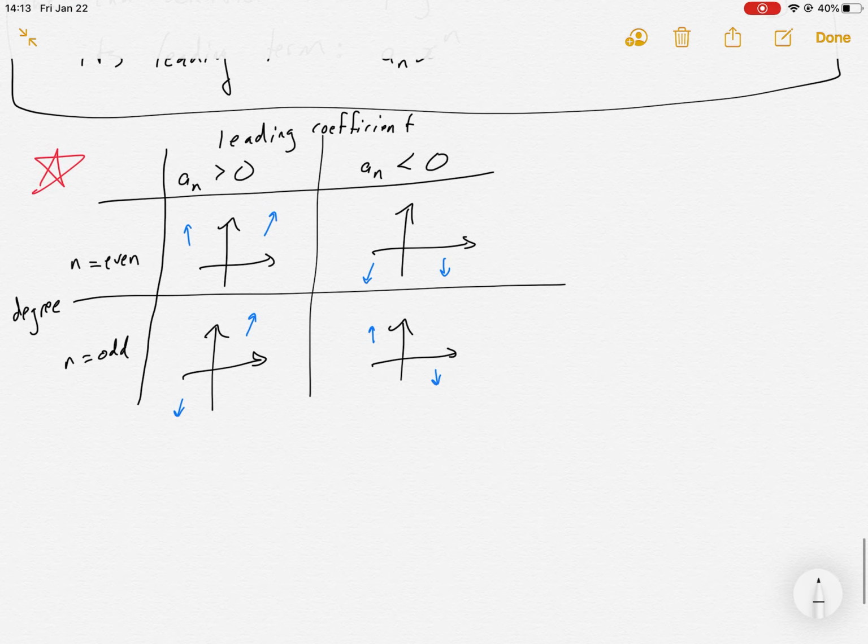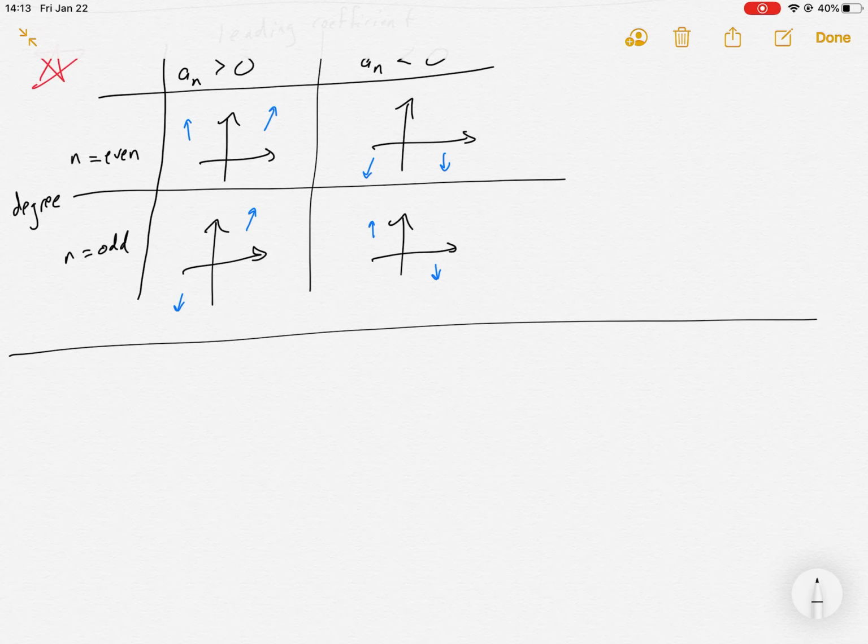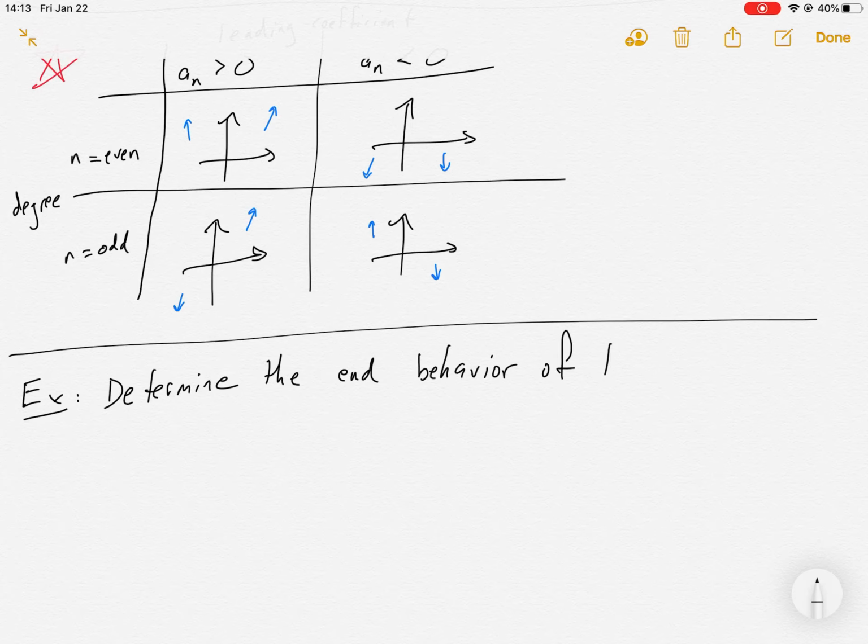Now let's jump straight into an example. We'll do a couple of these. Determine the end behavior of the following.